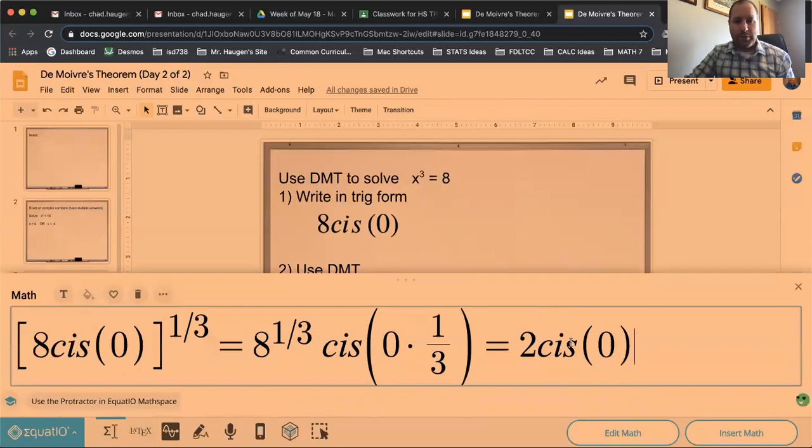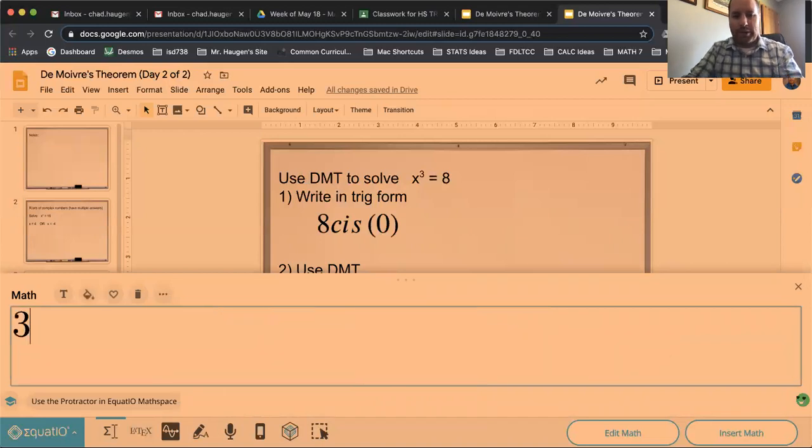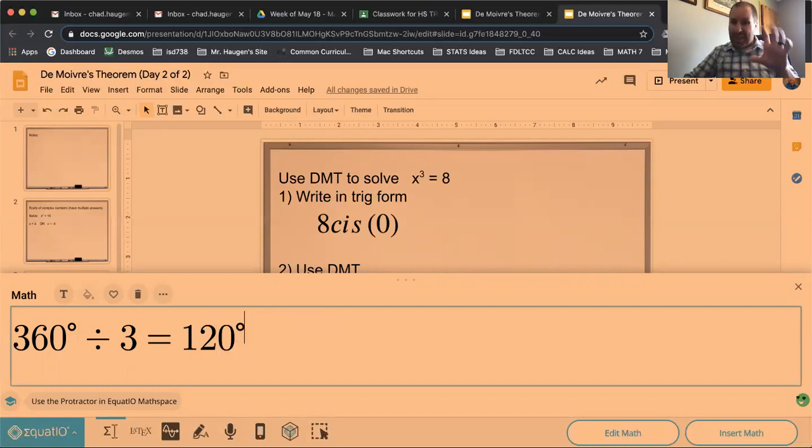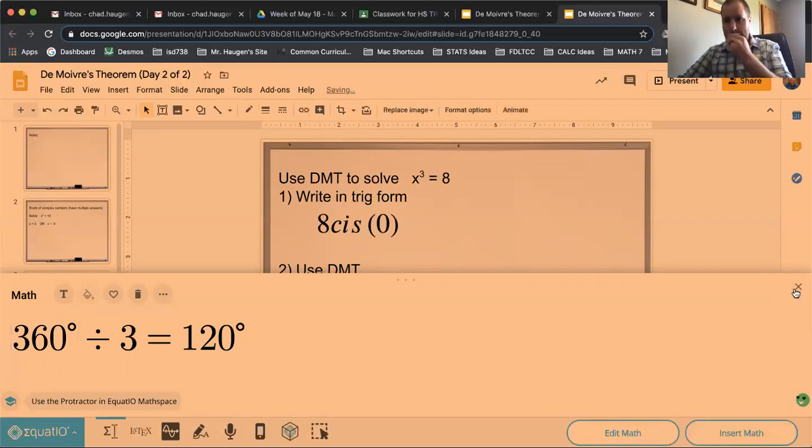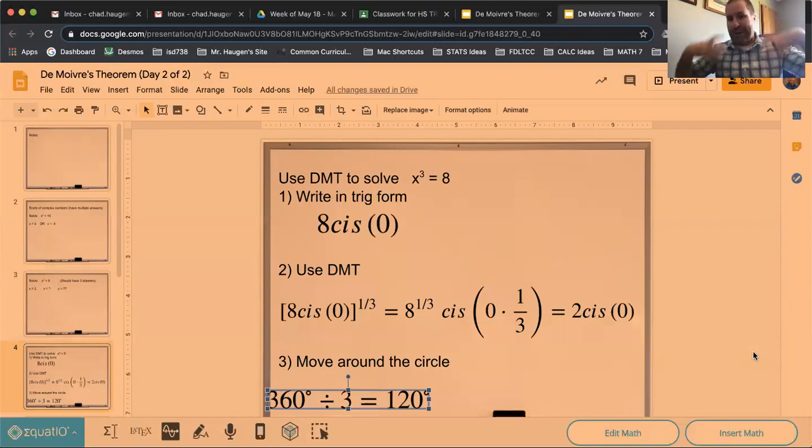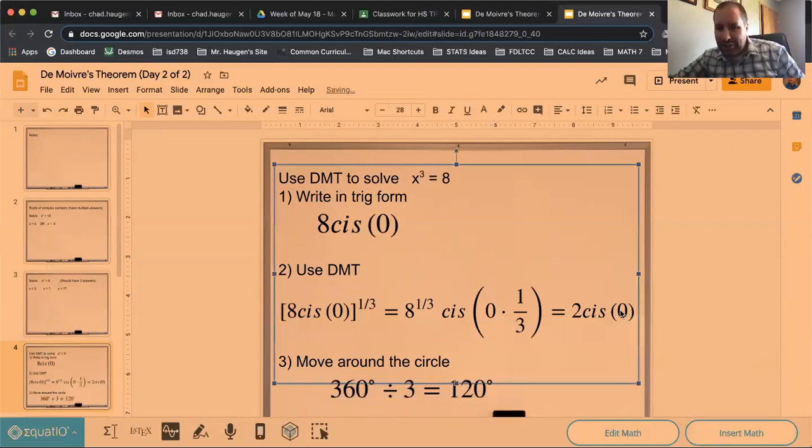So in this case here, we would say, well, that's going to be 360 degrees, and we are going to divide by 3, right? And that's how much we're going to move around. So what I mean by we're going to move around the circle, we're going to move around the circle each answer by 120 degrees.